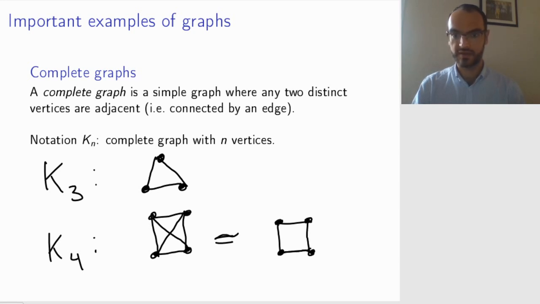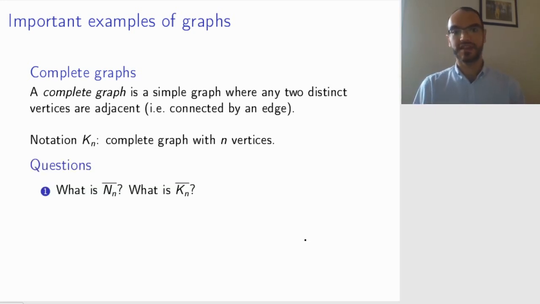There is no reason why I would draw these edges as diagonals. I can draw one going here and one going, well, let's put that a diagonal. So there are many ways to draw the same graph, but the edges go between the same vertices, and in this case, from each vertex, there is an edge to every other vertex.